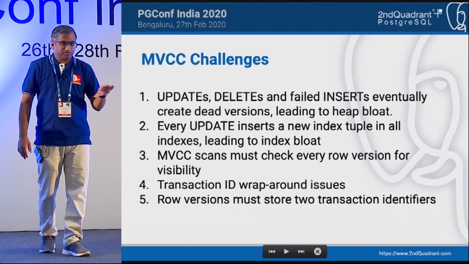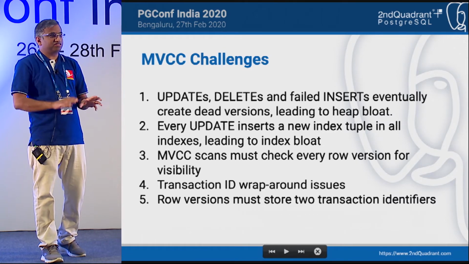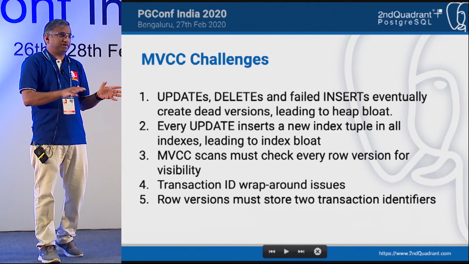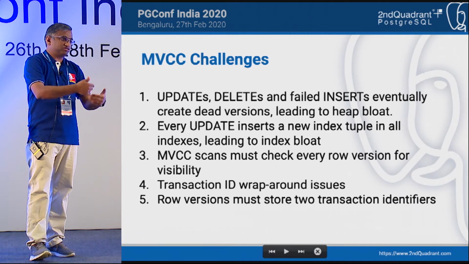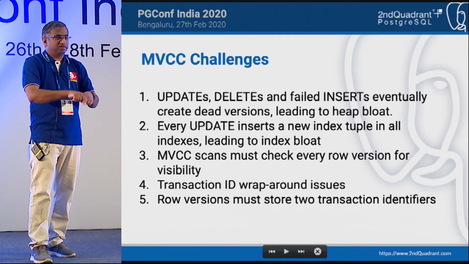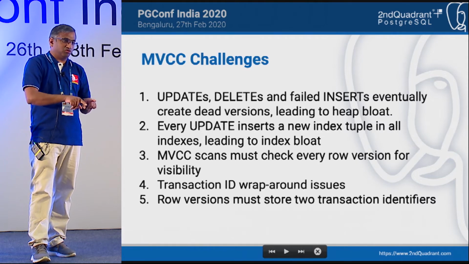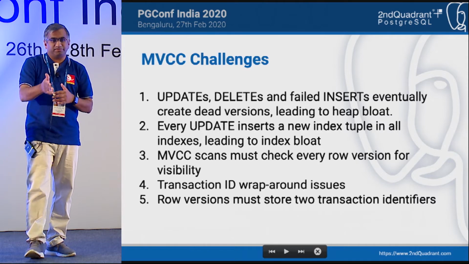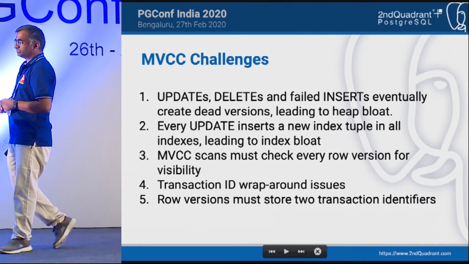But with MVCC, the reads never block on updates. Only updates block on updates. So if two transactions are trying to update the same row, then obviously one of the updates would wait for the other to finish, but reads don't.